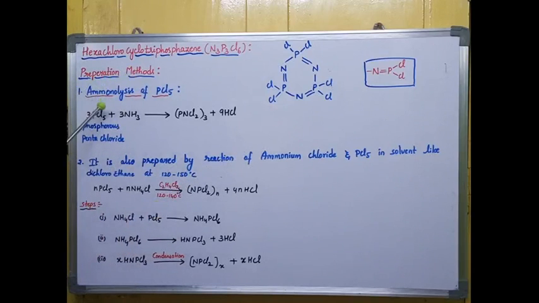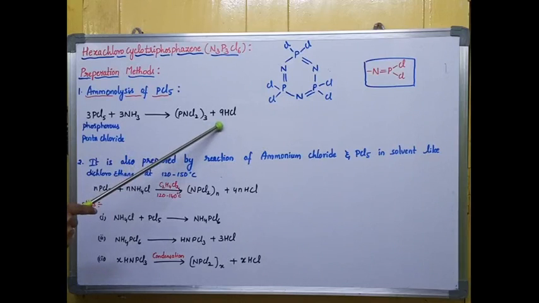First preparation method is aminolysis of PCl5. Aminolysis means reaction of PCl5, or phosphorus pentachloride, with ammonia. So you can clearly observe 3 moles of PCl5 is reacting with 3 moles of ammonia and producing (NPCl2) whole thrice. Otherwise we can give this formula N3P3Cl6.